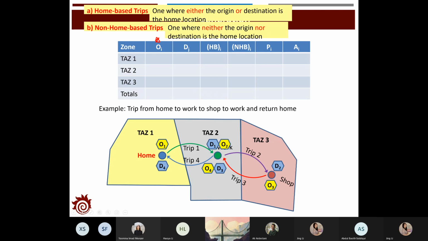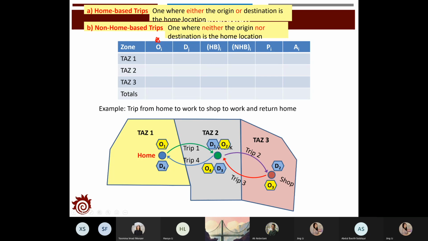Similarly, you can apply the same definitions to the other zones. For zone 2, there are 4 trips: zone 2 is the destination of trip 1 and trip 3, and the origin of trip 2 and trip 4. So you have 2 origins and 2 destinations. And for zone 3, similarly, you have 1 origin and 1 destination.